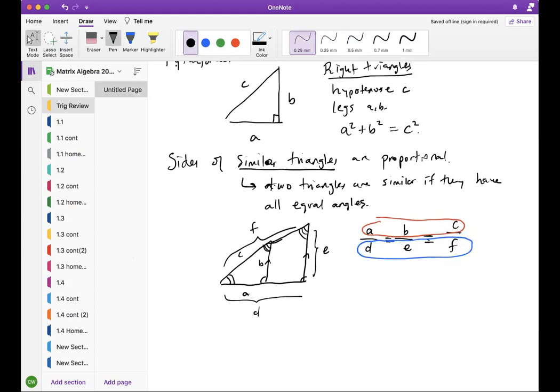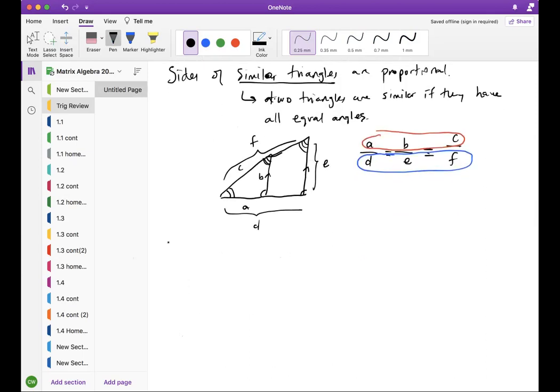Okay, and then another thing we'll say is that in triangles, larger sides are opposite larger angles. What does that mean?